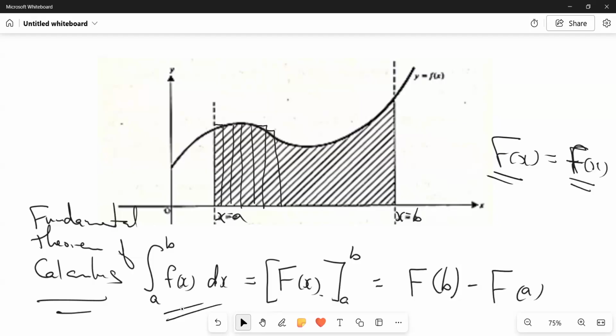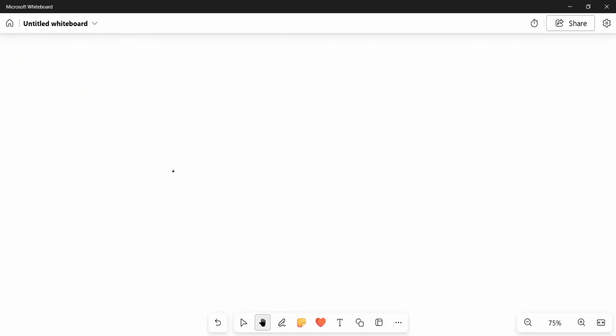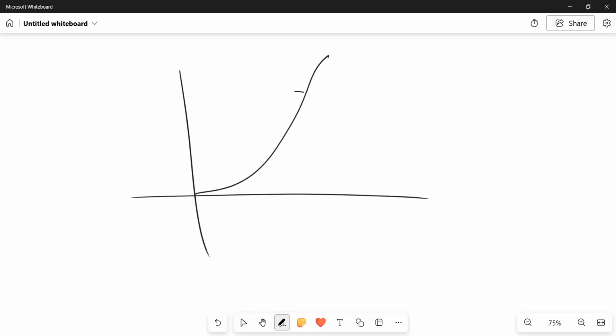If the graph is oriented the other way, let me show you what I'm talking about. If the graph is oriented maybe like this, and there's a curve like that, and you want to find this area.